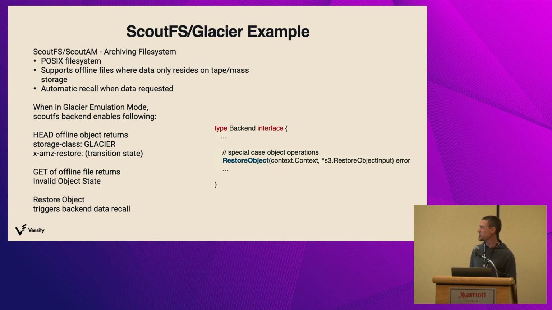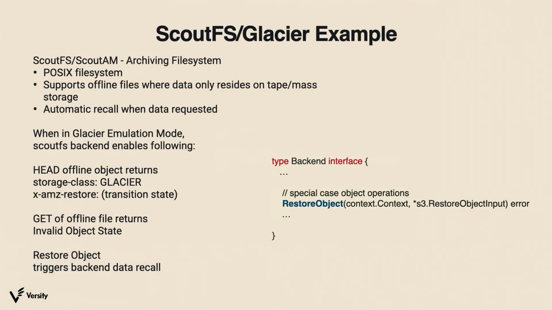To have a better user experience, as long as the application supports the Glacier mode, we can switch it over into the Glacier emulation mode, and retrieving the object headers will show the storage class as Glacier for the offline objects, so it gives the indication to the client of whether these objects are in cache and available or not. And also the transition state.